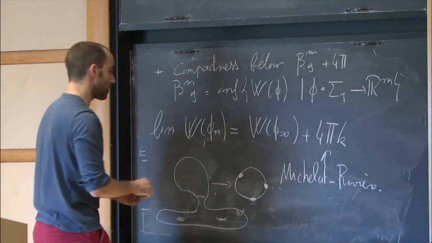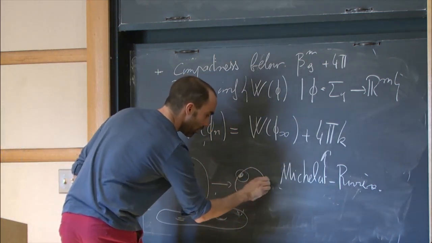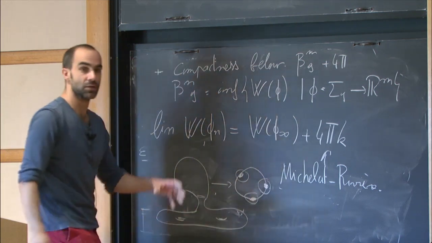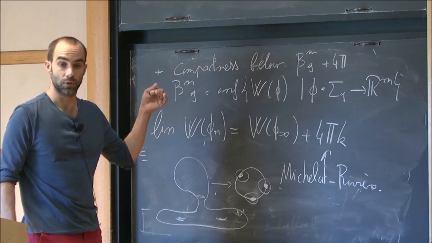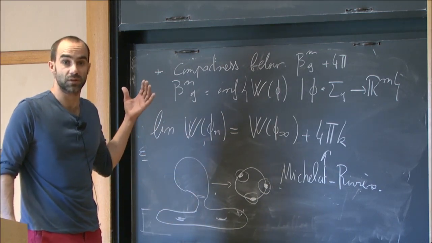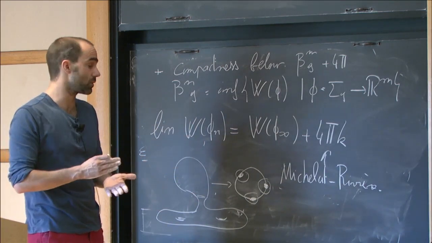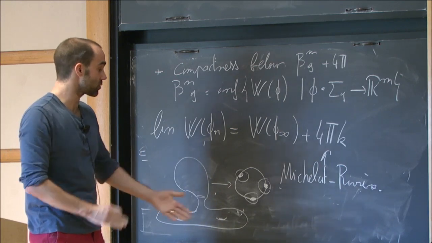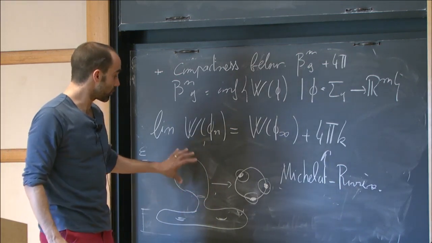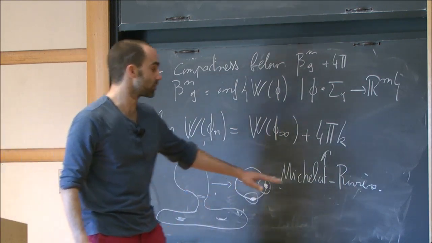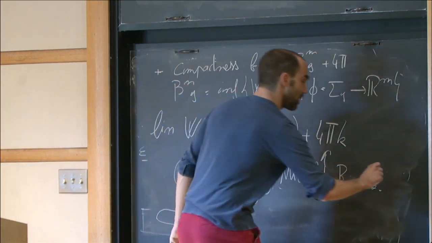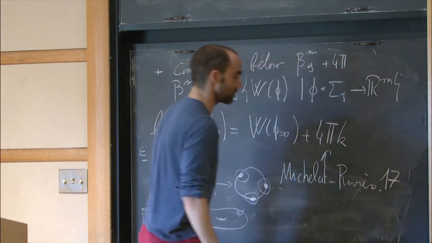But before passing to the limit, every curve around the branch point is homotopic to a point. So the residue before passing to the limit is 0. And far from the point, the convergence is strong. So the branched spheres that appear in the limit always satisfy the hypothesis of the Michelat-Rivière result.